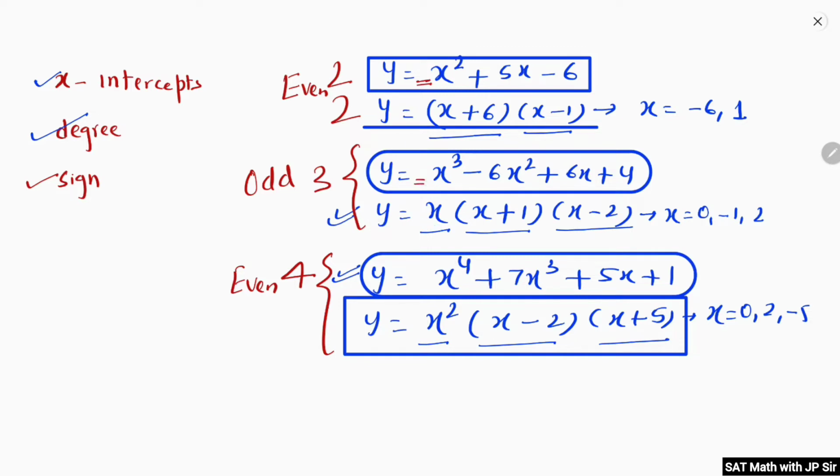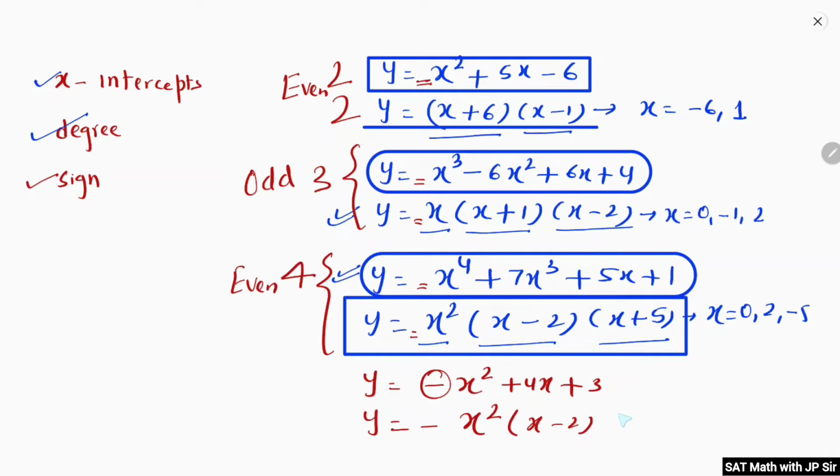But if you write y equals minus x square plus 4x plus 3, it has a negative sign. If you write y equals minus x square, x minus 2, x plus 3, again it is a negative sign. So keep in mind the sign, positive and negative. Understand? These are some basic things.